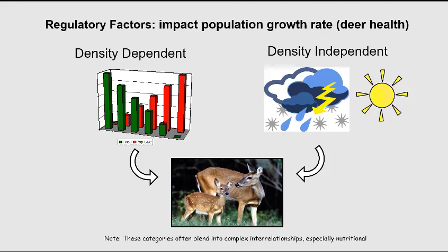Both density dependent and density independent factors tend to impact the nutritional intake of the population. So density dependent and density independent tend to blend together into fairly complex interrelationships, but they tie back to the nutritional intake of the animals.